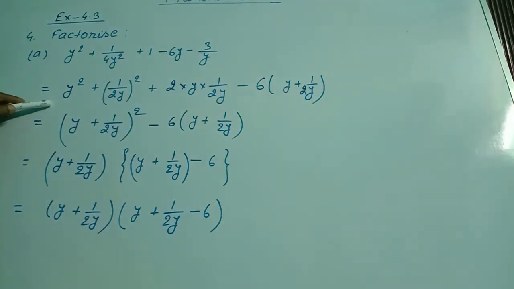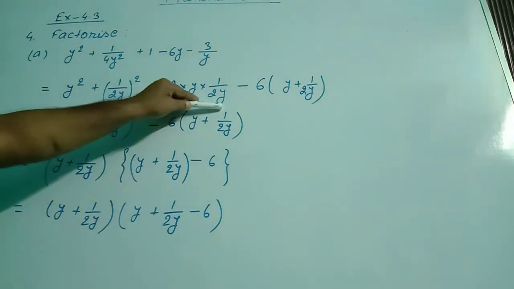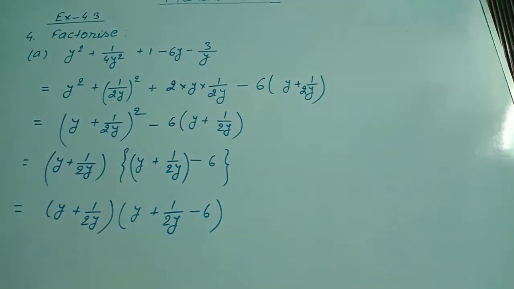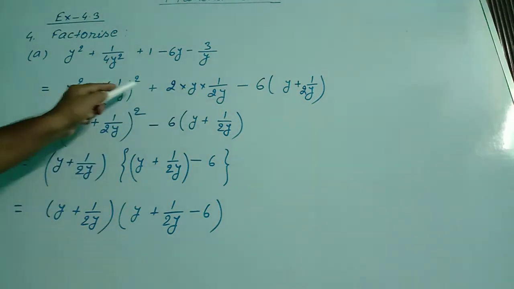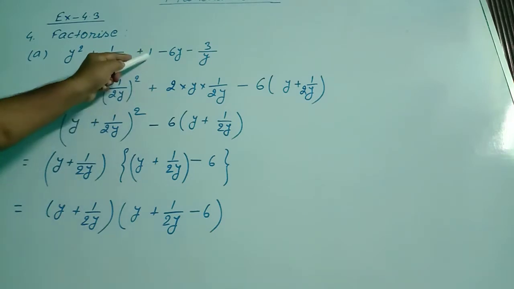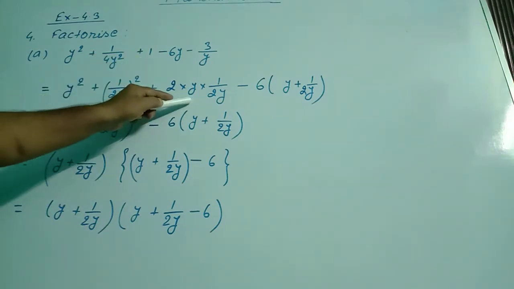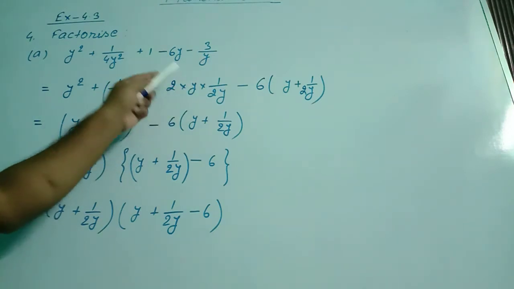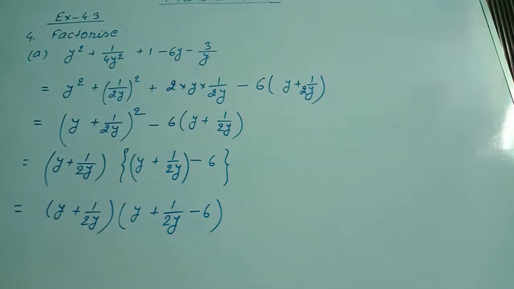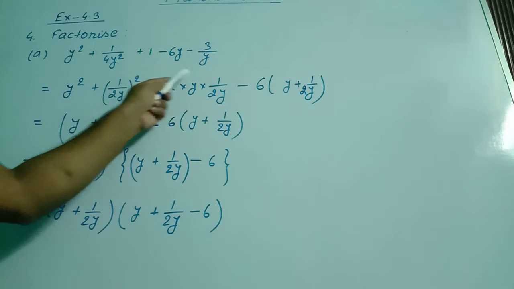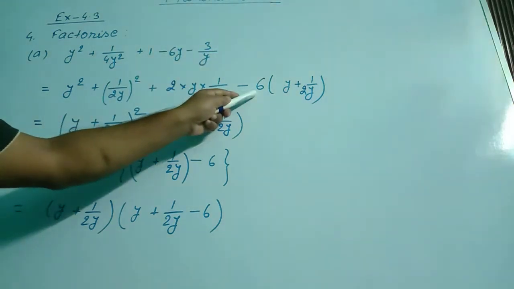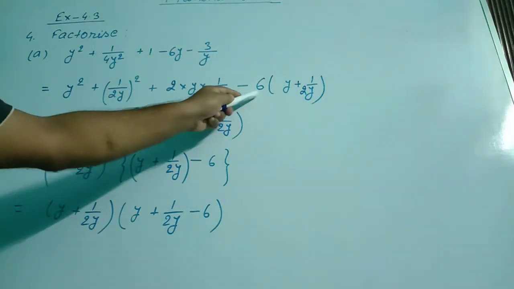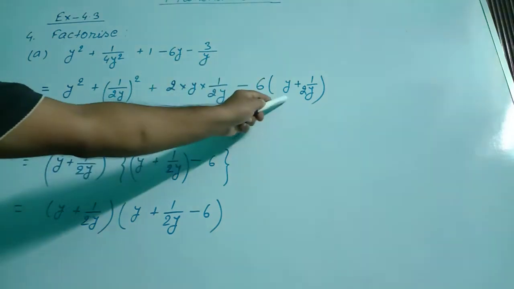Because I have tried to give the format of a square plus b square plus 2ab, I have written this in this way. If you simplify this, 2y into 2y cancelled, 1 is left. And from these two terms I have taken 6 common, minus 6 common, so at this place y is left.